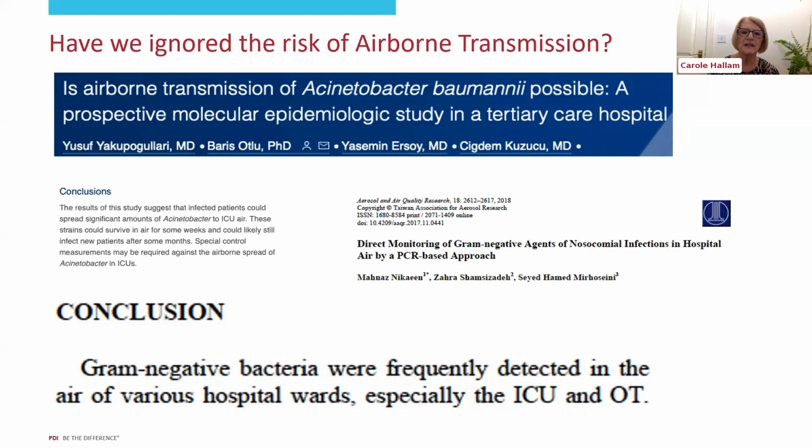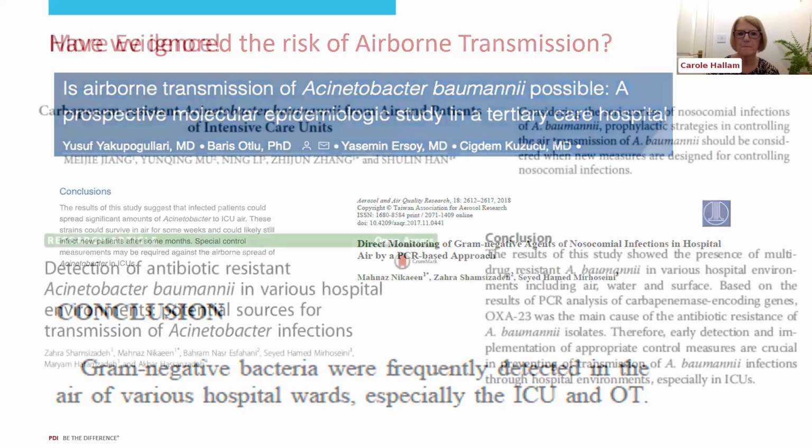So the second study is Nika et al. And they looked at gram-negative organisms, and they found that they were present in the air. They found both Acinetobacter and Pseudomonas frequently detected in the wards, particularly in ICUs and the operating theatre.